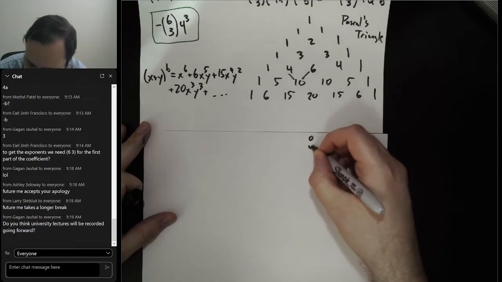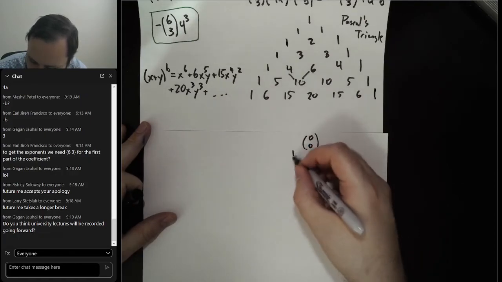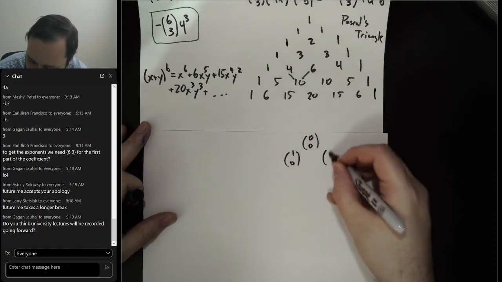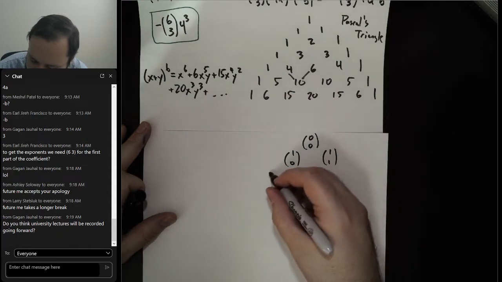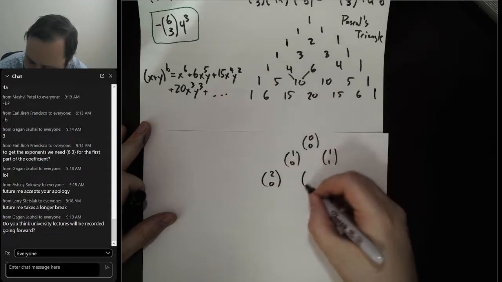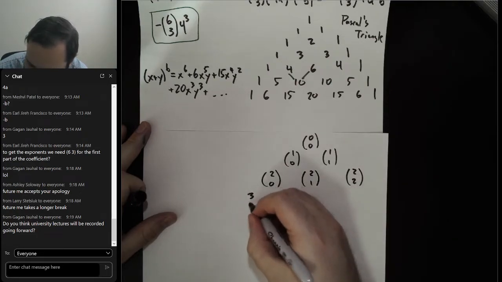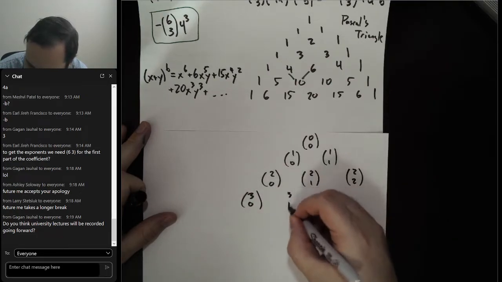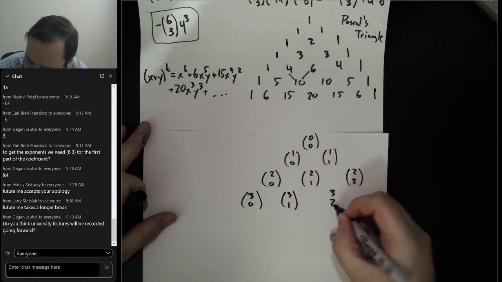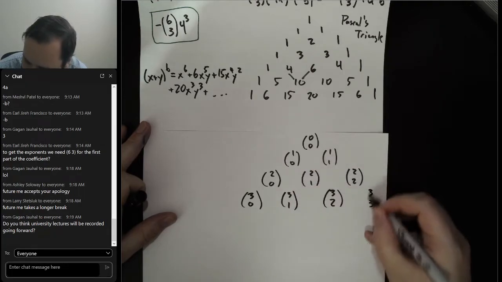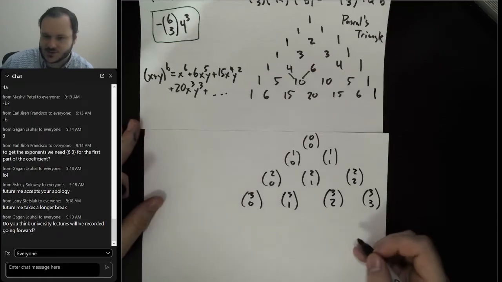This is 0 choose 0, 1 choose 0, 1 choose 1, 2 choose 0, 2 choose 1, 2 choose 2, 3 choose 0, 3 choose 1, 3 choose 2, 3 choose 3. I'm going to stop there just because it's a lot of writing.